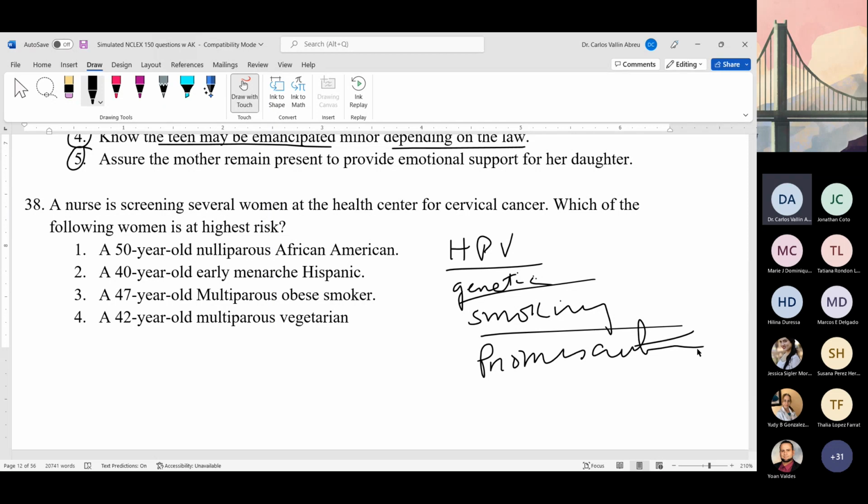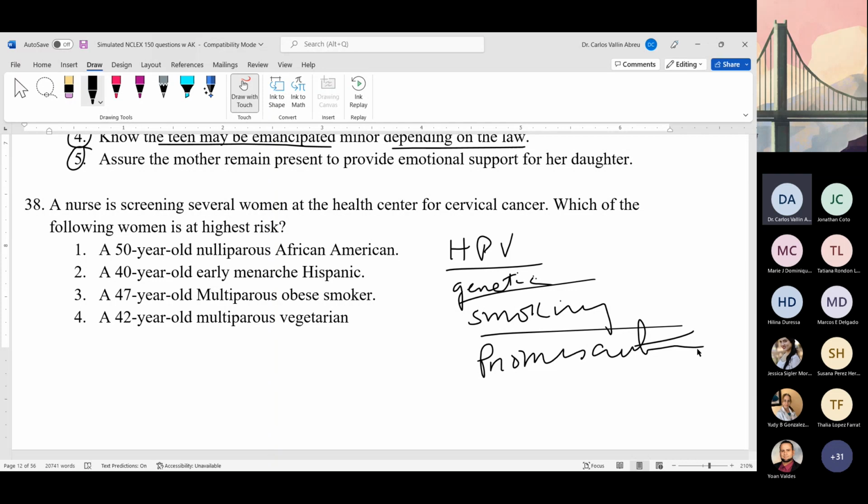At no moment do they mention that they don't use protection or that they have multiple partners. They don't touch this topic. So what is the only risk factor that we see there? A smoker. Three. So that is the way of dealing with this question.